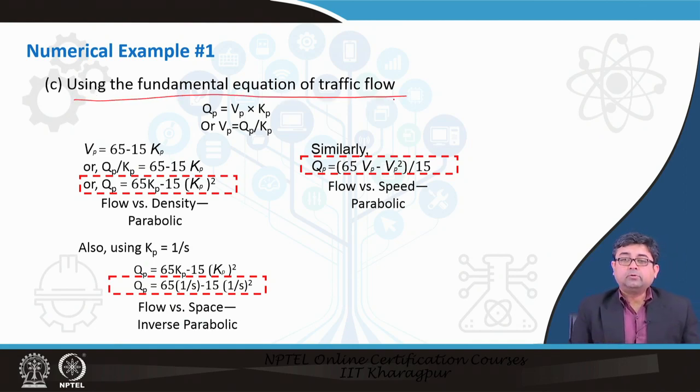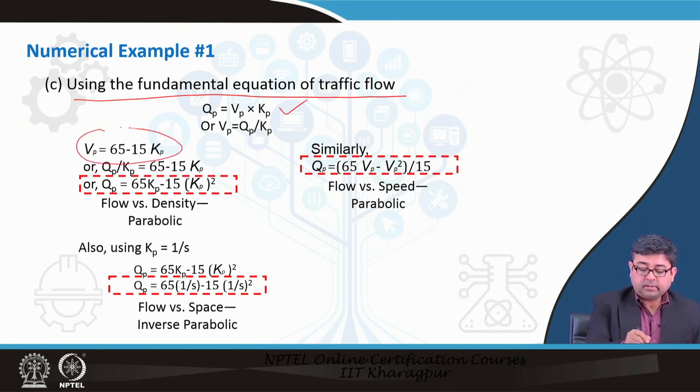And then we know how to estimate the other parameters of the macroscopic relationship, because we know the formula. If Vp is given, you convert Vp in terms of q and k, put q and k here, and you get the parabolic equation. Now the relationship is between q and k, flow and density, which is parabolic, we already know.